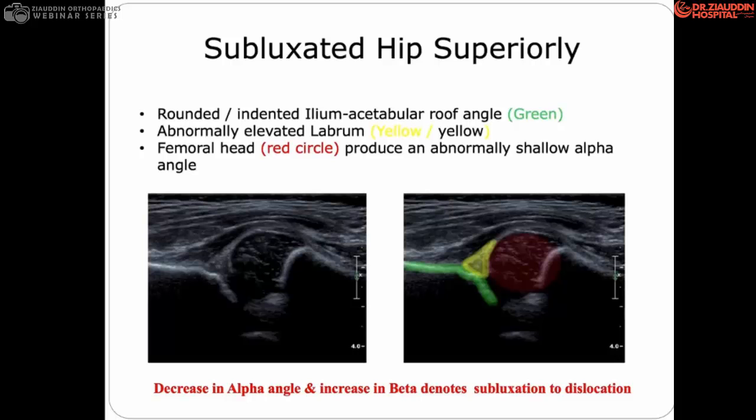How does this appear? The green is the roof angle again and yellow is the labrum, and when there is a subluxation, this yellow also reduces and it produces more obtuseness, and the alpha angle reduces as the bone development declines, and red is the shallow acetabulum.